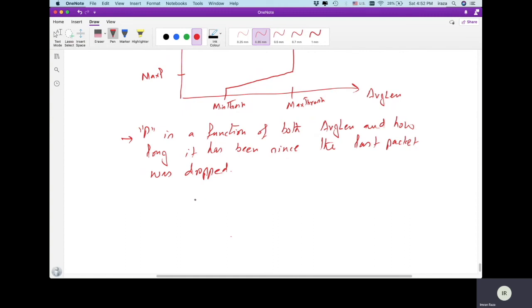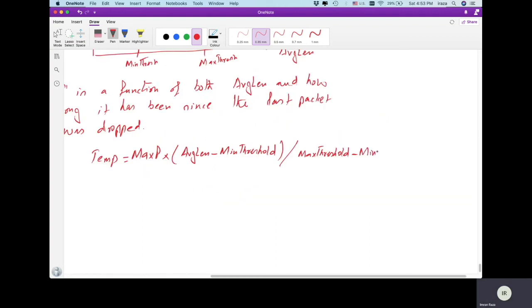So what we do basically is we calculate the probability in this way. Temp P is equal to max P times (average length minus minimum threshold) divided by the difference of these two thresholds, maximum threshold minus minimum threshold.